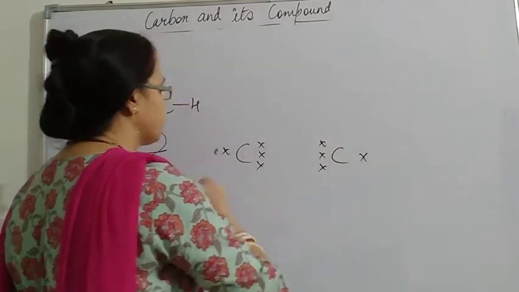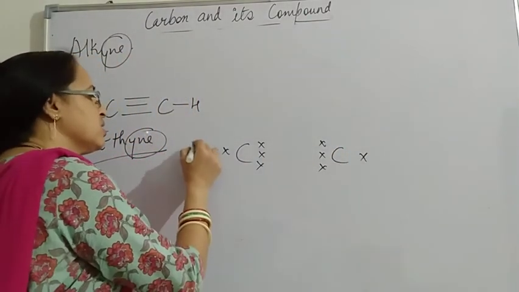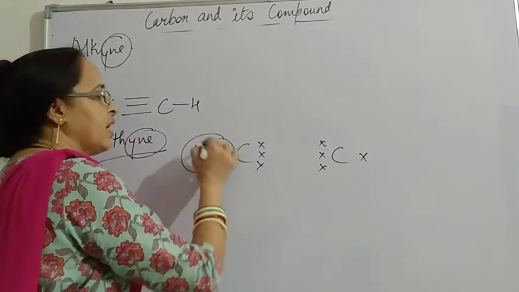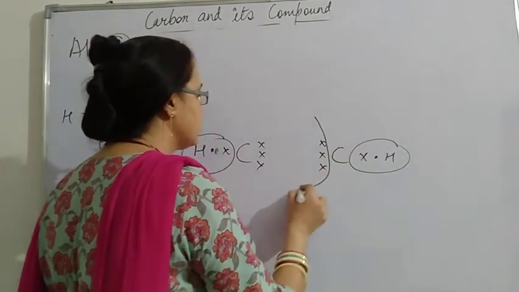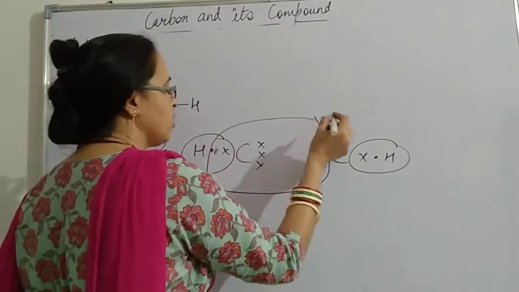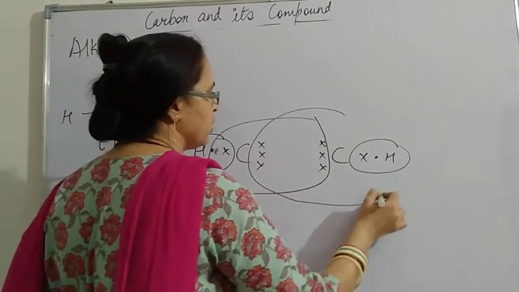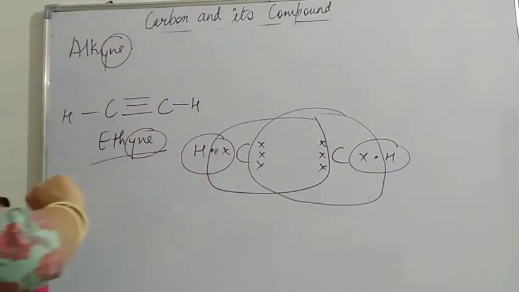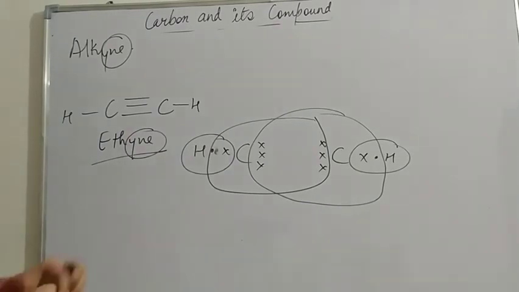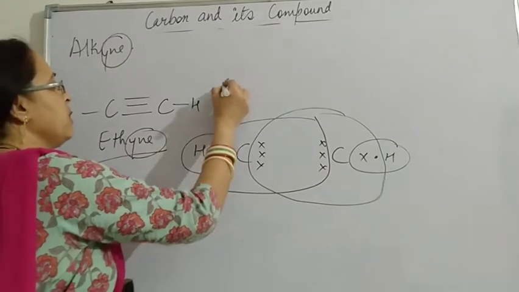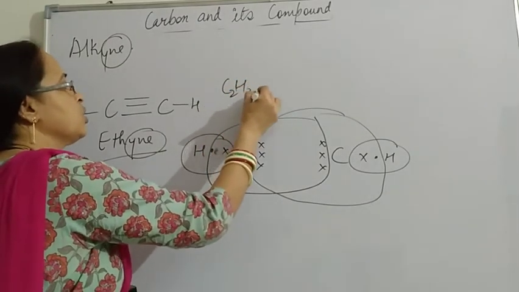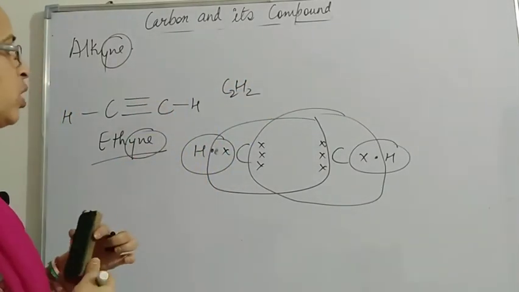Each carbon is bonded covalently to hydrogen, and the sharing of electrons is done between the 2 carbons. So it forms the electron dot structure of ethyne. The formula will be C2H2.